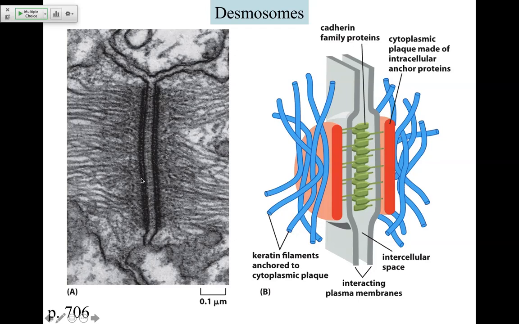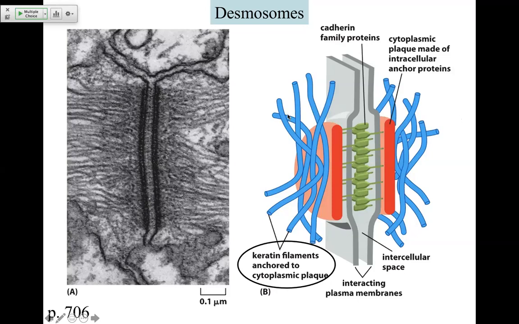And all of those components that we see are shown in our cartoon. Here in blue are our keratin filaments that are binding to this red plaque of anchor proteins. Right, so here's our cell on the left, here's our cell on the right.